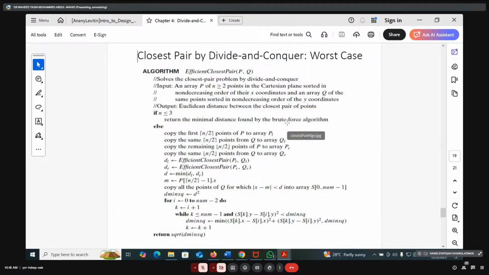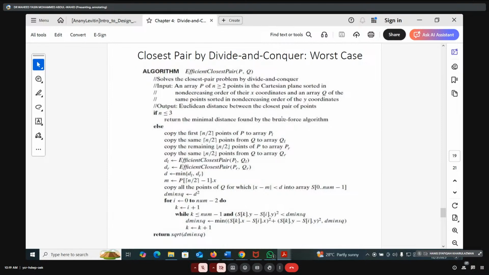Here we have n greater than 2, which means at least 2 points. And if it is less than or equal to 3, this is what the algorithm says: if I have only 3 points, I will do it using the brute force algorithm.